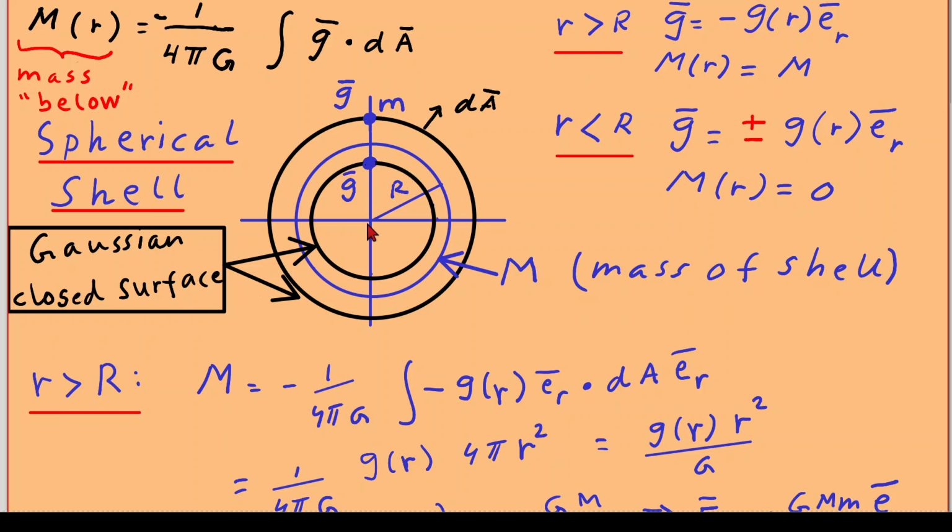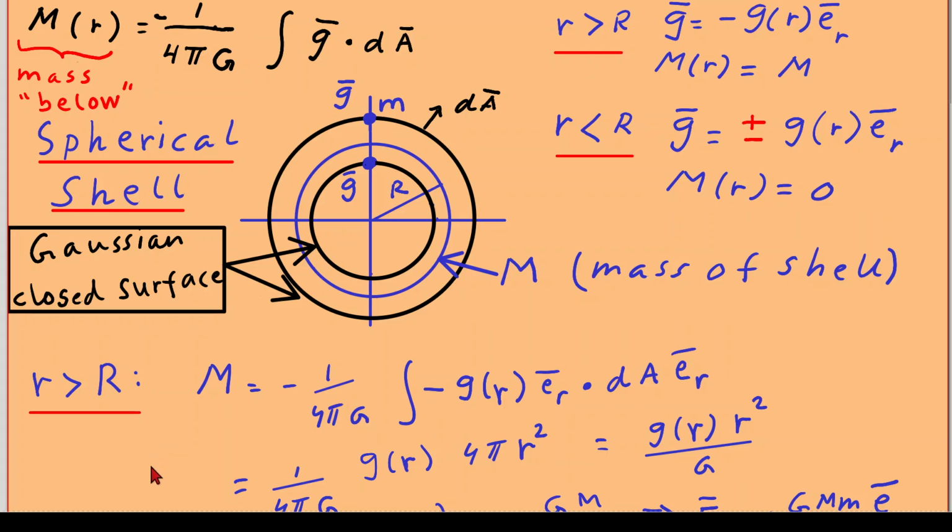So it must be either negative y direction or positive y direction. But I don't know for sure. So let's just say that the gravitational field is something plus minus, and GR is the field strength of the gravitational field. Directed, in this case here, either up or down. If I said you were here, it would be either in that direction or in that direction. So this is what we have.